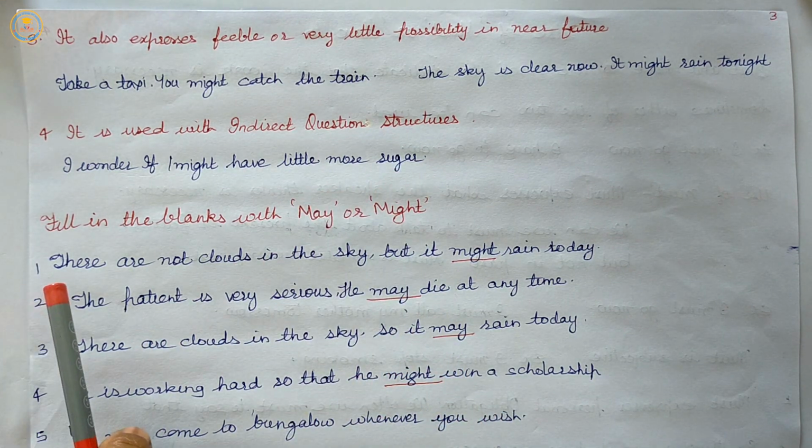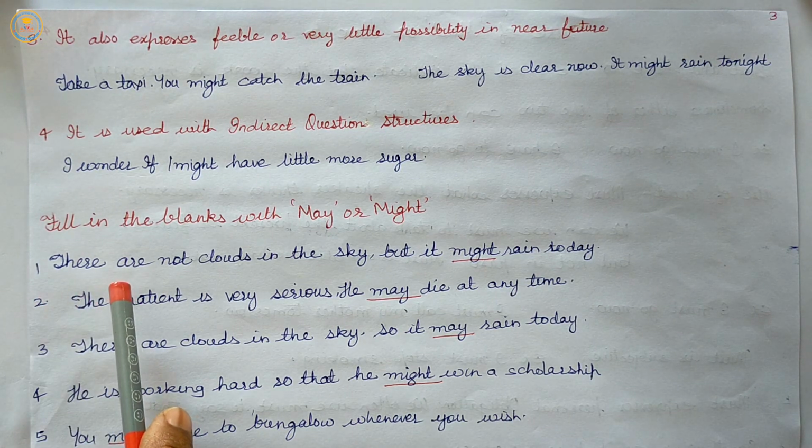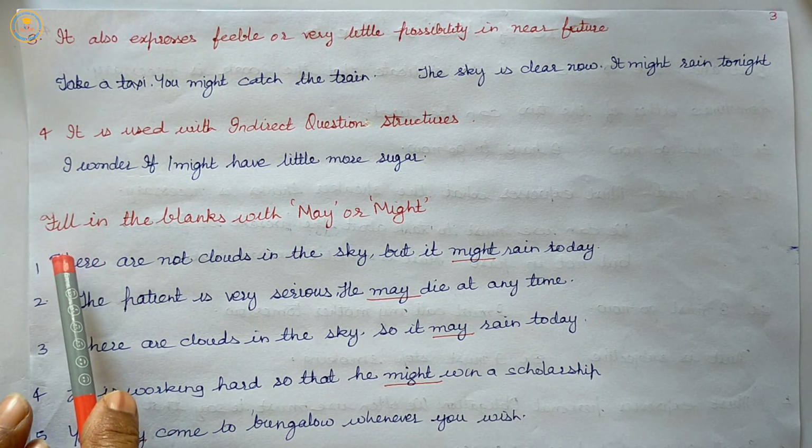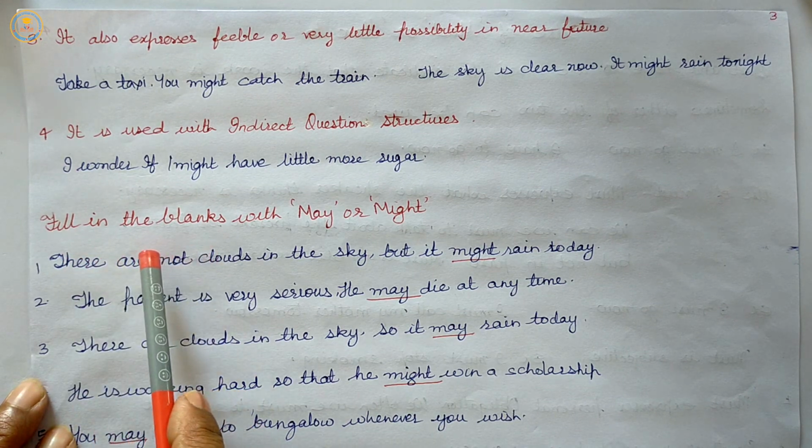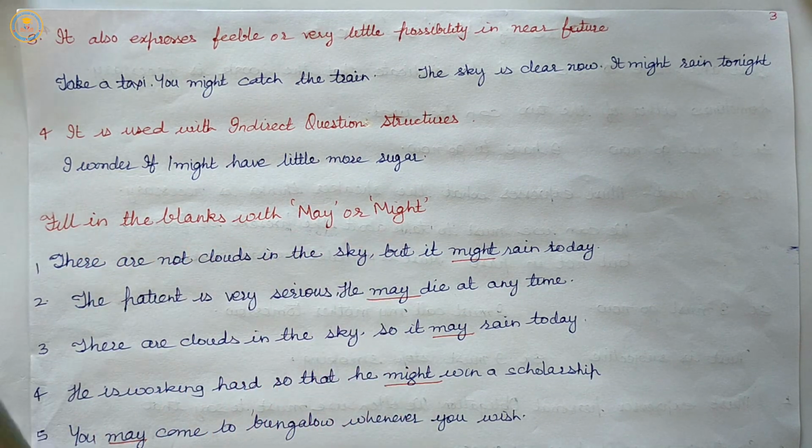So, let us do some exercises, that is, fill in the blanks with may or might. Before filling the gaps, let us have a little glimpse over the use of may and might.